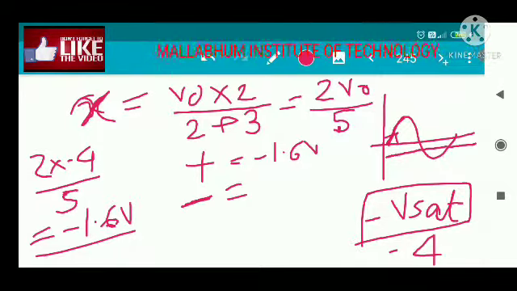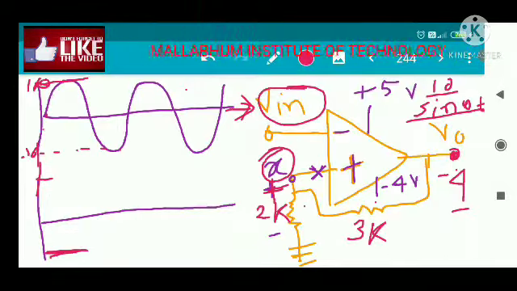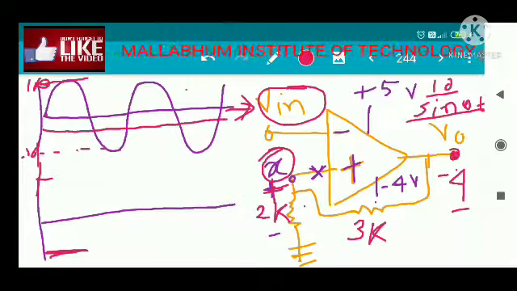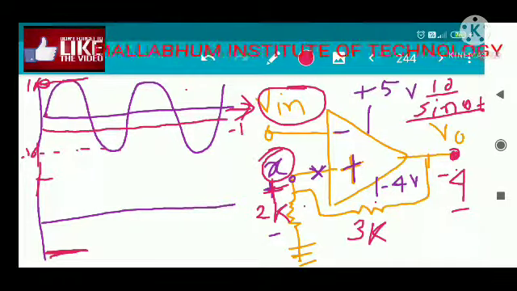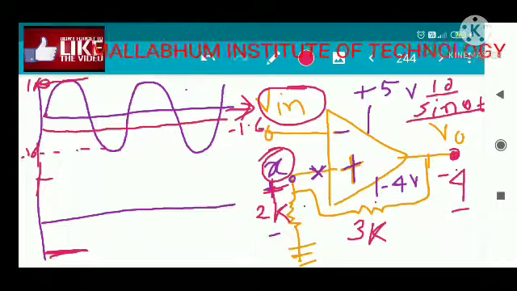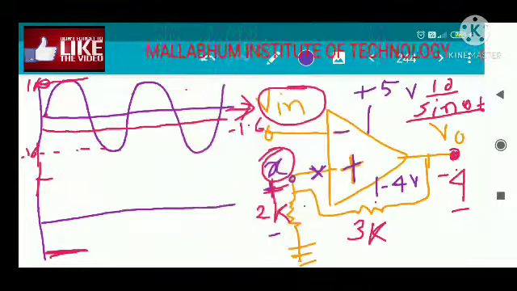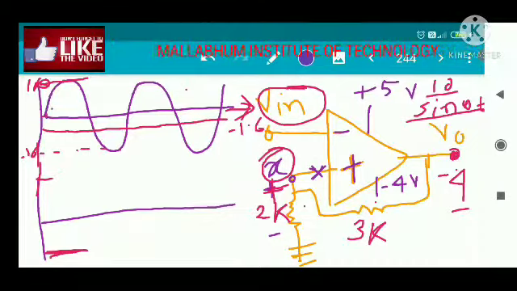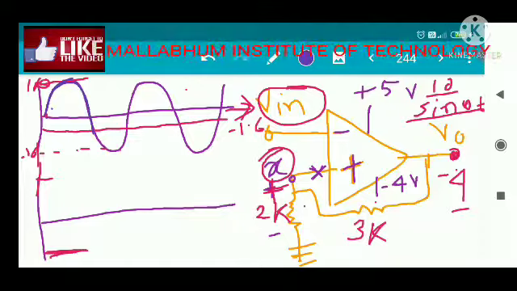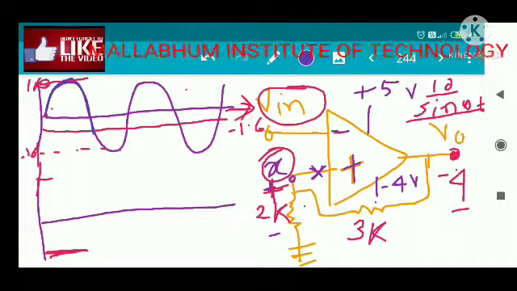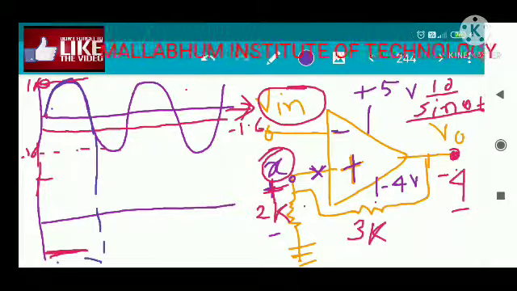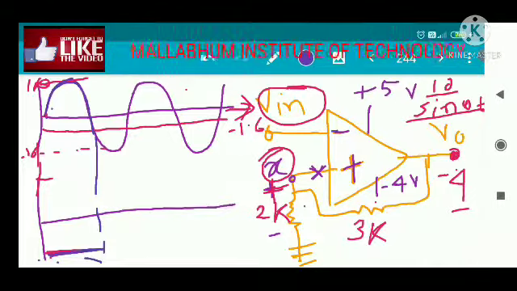This negative terminal voltage is the input voltage. So as long as your input is higher than this minus 1.6, then your output will be minus B sat. So in that condition, up to this, your output will be minus B sat.